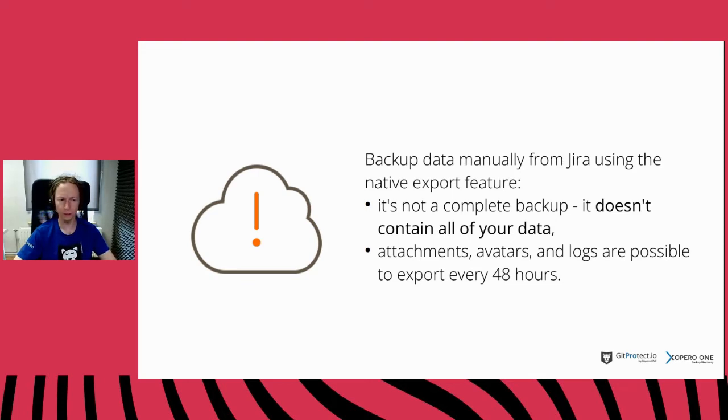Even following the Jira site, we can easily read that there are a lot of resources that are not covered, for example automation rules. So you can spend a lot of time setting up the best automation in your Jira instance, but following the export feature, you won't protect that automation.